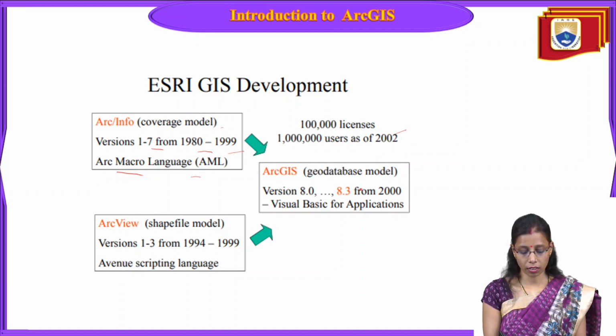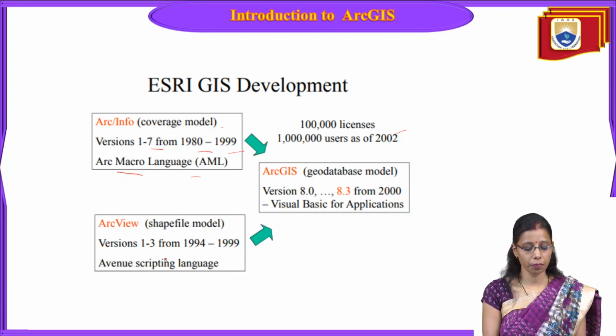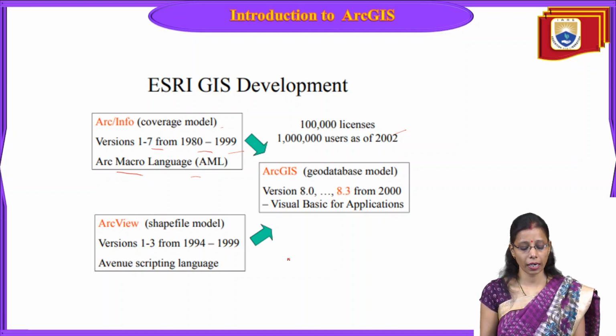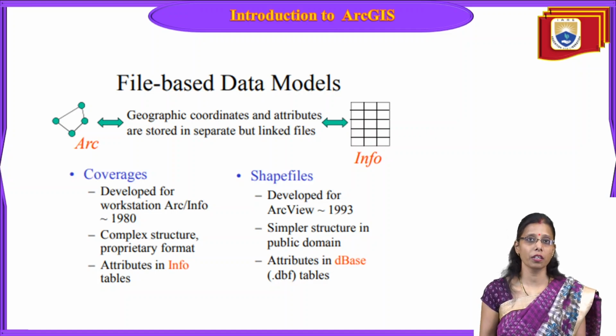And ArcGIS has a geodatabase model version 8.3 from 2000, Visual Basic for Applications, and an ArcView shapefile model version 1 to 3 from 1994 to 1999, with a menu scripting language. So all this is given by the ESRI development software. ESRI is the software house from where ArcGIS has been developed.